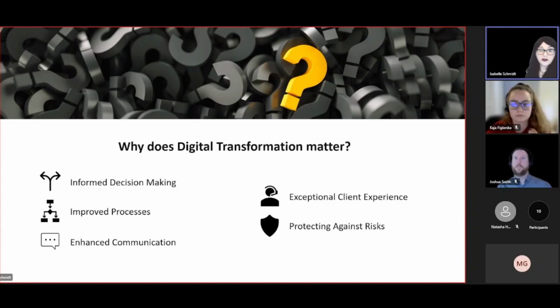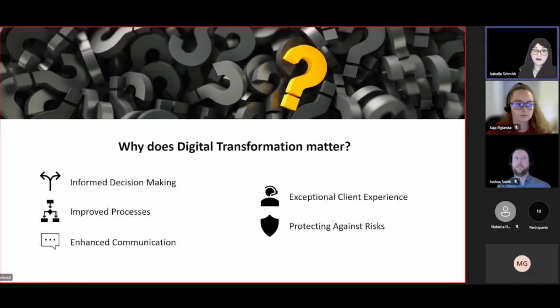It's improved processes; optimization and automation eliminate inefficiencies, boosting productivity and saving costs. Sometimes it's not just about changing technologies, it's about changing your business. Digital tools foster seamless communication, breaking down information silos and promoting innovation amongst your team.